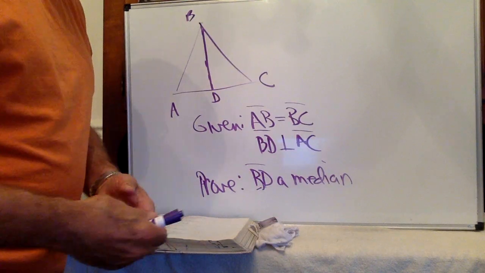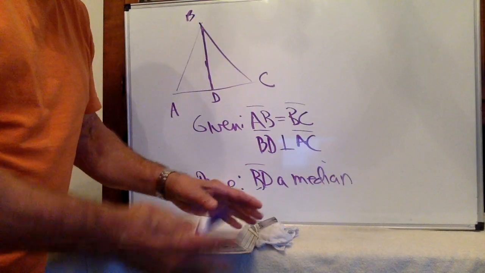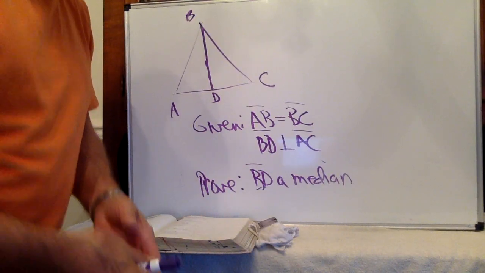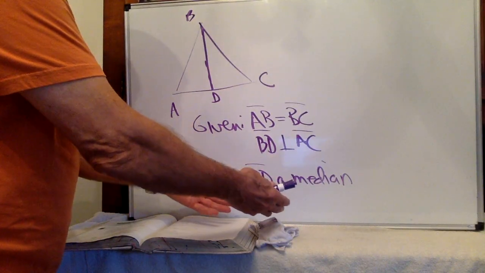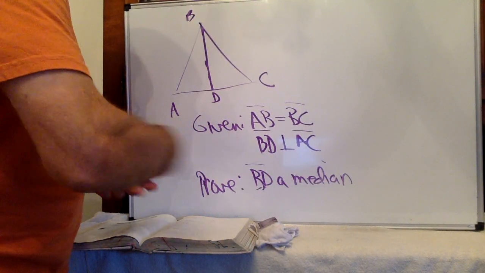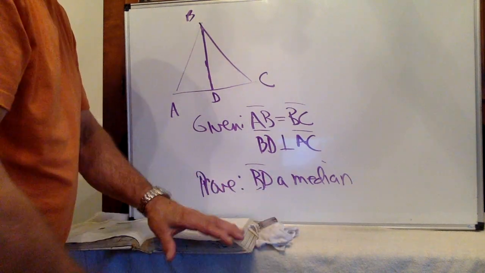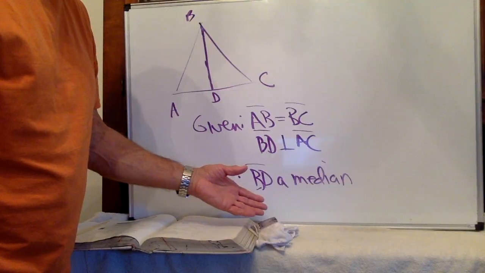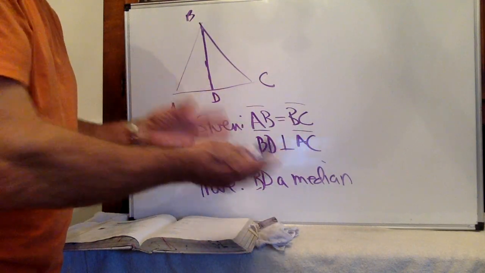In an indirect proof, we're not going to prove that it is a median. We're going to prove the other option, that it is not a median, doesn't work, it's false. So you list all possible options and you show that all the other options don't work, therefore whatever it is you wanted to prove does work. And you do that by getting a contradiction.